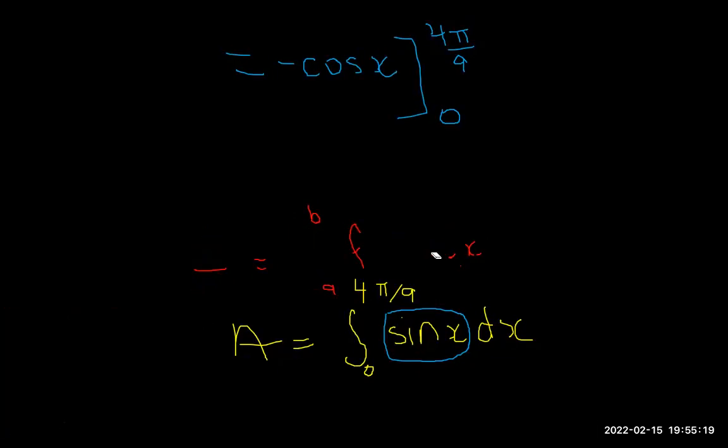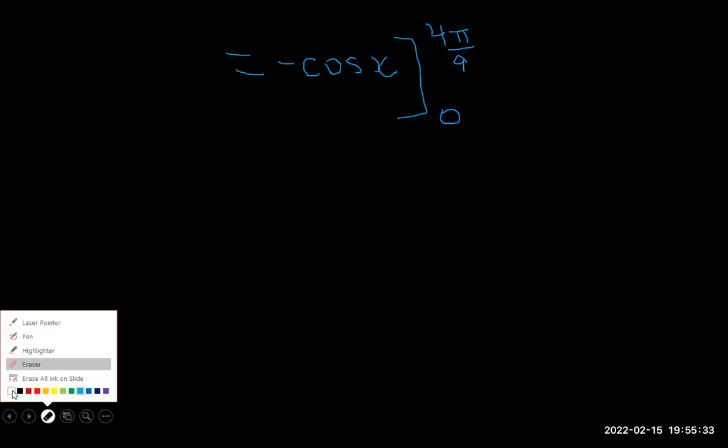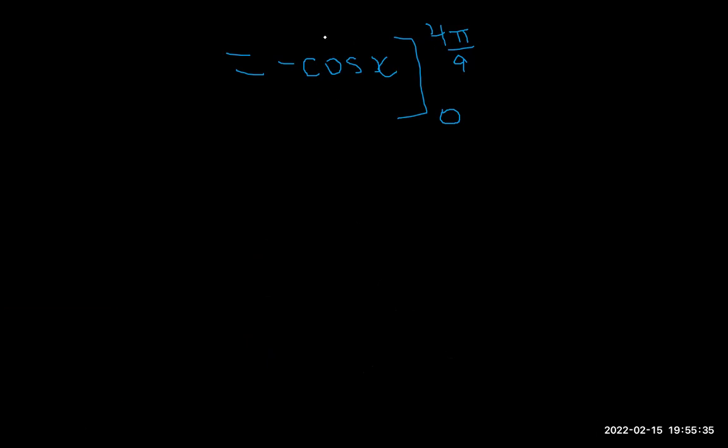So I am erasing this. First I'm going to substitute the upper limit. We know that's already, right? None of this is new. The first thing you do is substitute your upper limit into the expression. So in your first bracket, it would be minus cos.